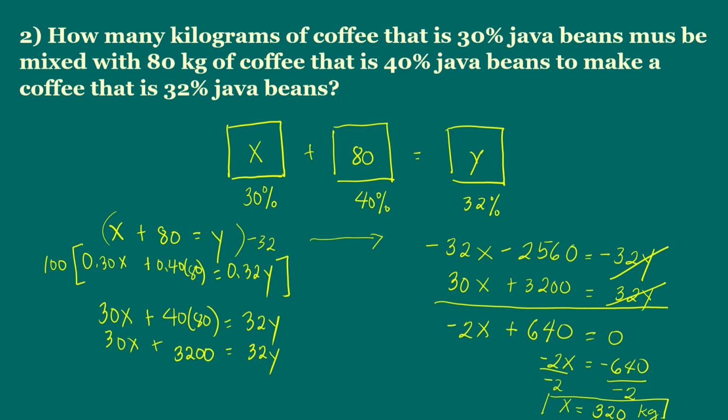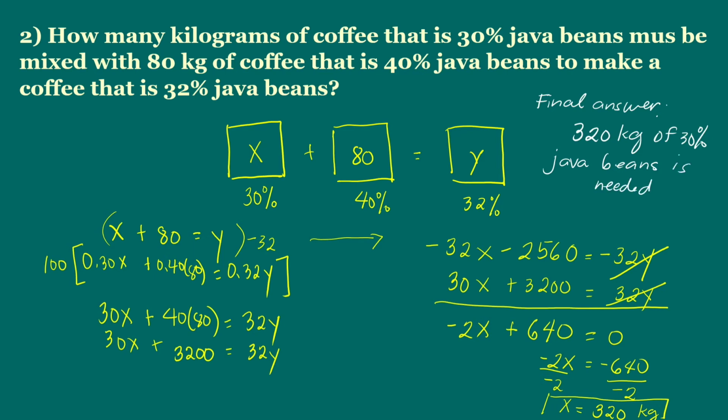Final answer: 320 kilograms of 30% Java beans is needed. Alright, so that's our final answer.